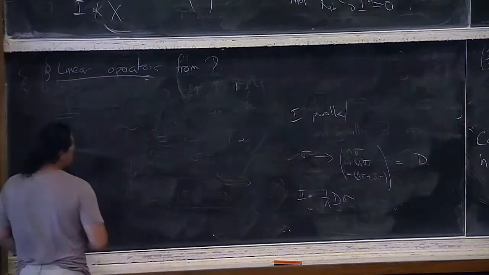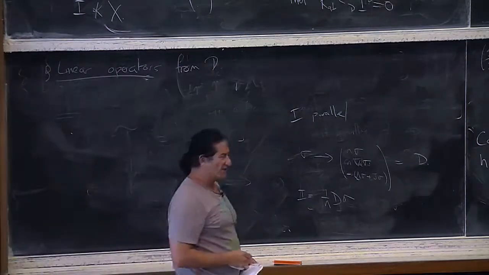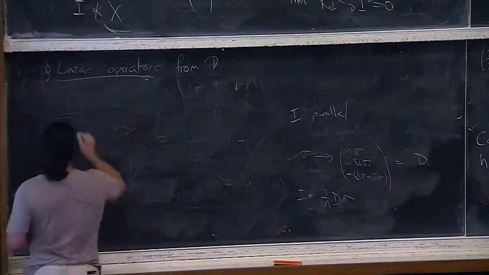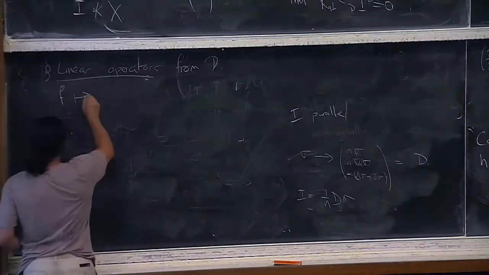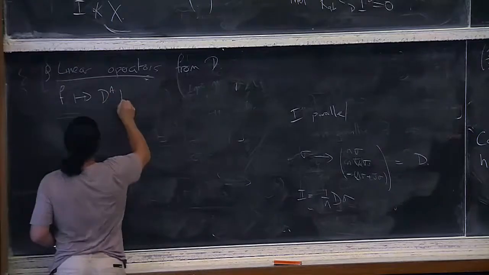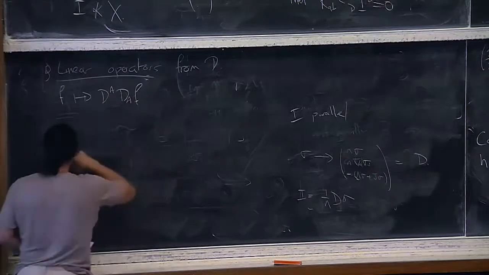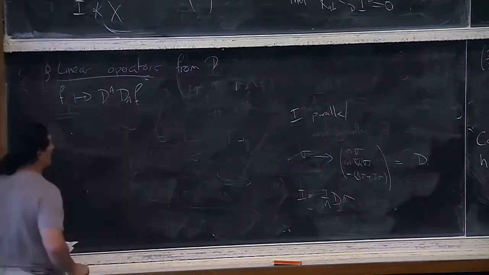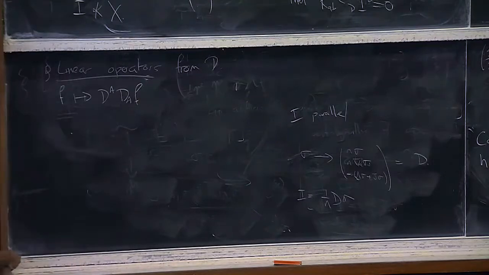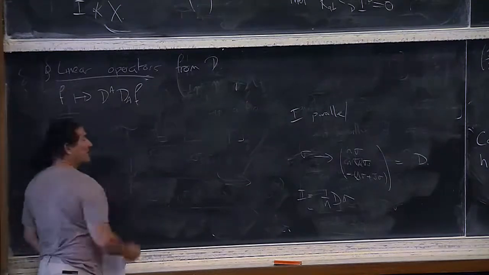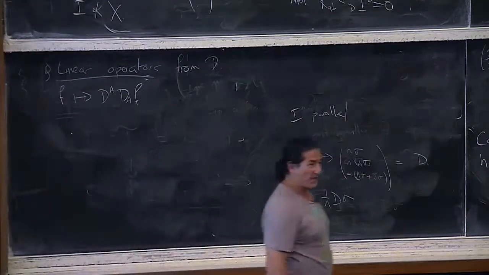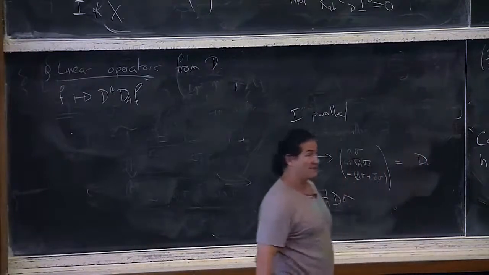Okay, well, one of people's favorite operators are Laplacian type operators. So you might try this. You take a density F and you map it to DAF, DAF. By construction, this is certainly conformally invariant. And then it has no indices, so if it's not 0, it would have to be a Laplacian type operator.